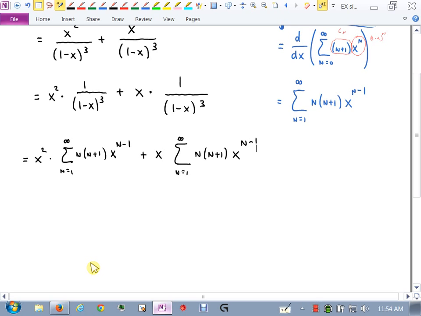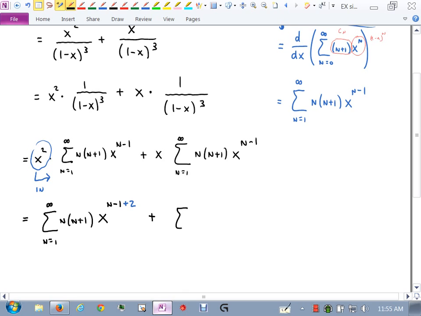I'm going to bring those x's back into the series. So this becomes the sum n equals 1 to infinity of n times n plus 1. I'll just write it out. It was x to the n minus 1, and what am I going to put here? Plus 2, right? So just keeping in mind that that plus 2 is coming from the fact that it is going inside there, so it's adding 2 to the exponent. So there it is. I'll clean that up on the next line.